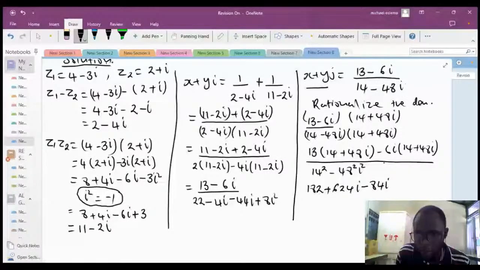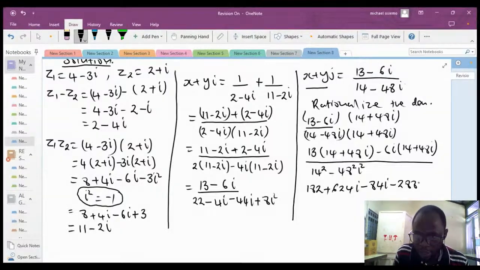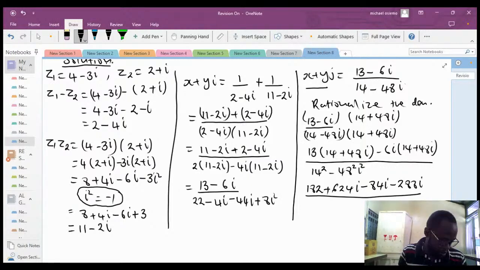Then you have minus 6i times minus 40i, you'll get plus 240i squared. And this over 14 squared.